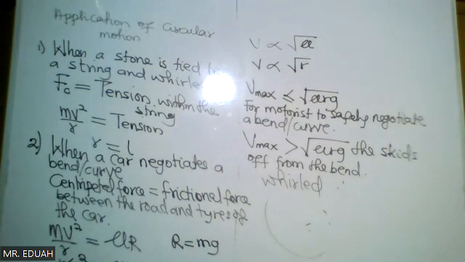Okay, an object of mass 50 kilogram moves round a circle of radius 6.0 meter with a constant speed of 10 meter per second.